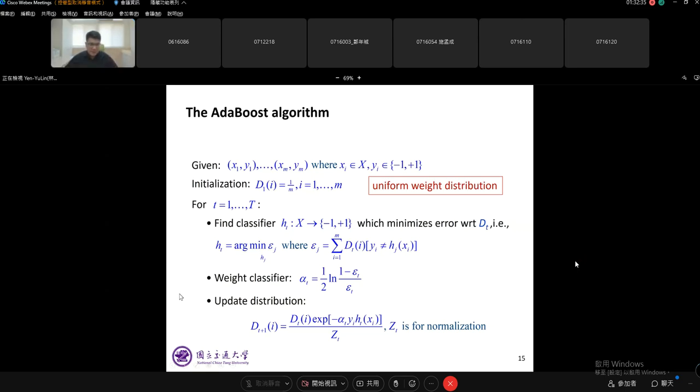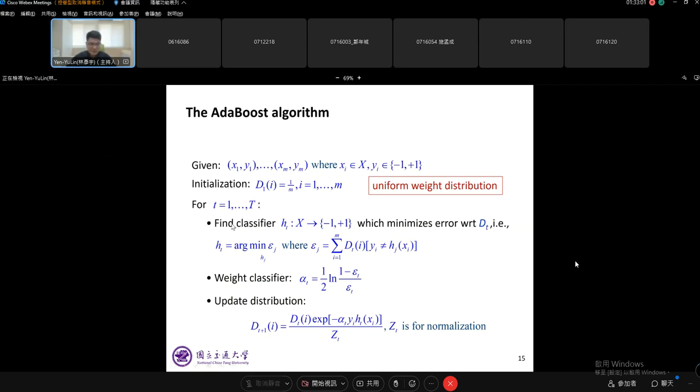The remaining part of AdaBoost is an iterative process. So we use lowercase t to index this for loop. And the value of t ranges from 1 to capital T. In other words, we want to select capital T weak learners to construct the strong classifier.